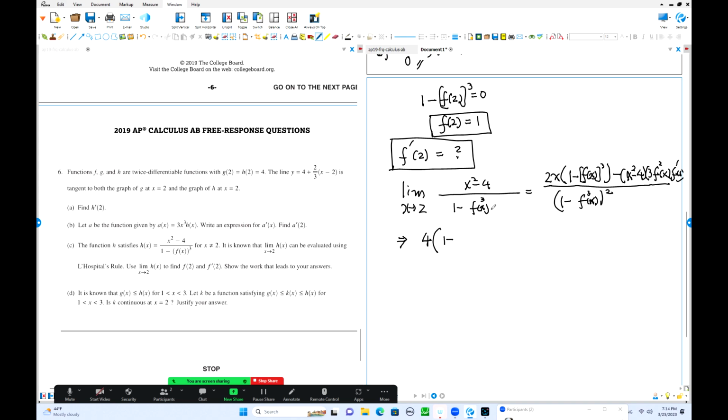Inside is f of 2 cubed. And for x equals 2, 2 squared minus 4 is 0, all the way 0, over 1 minus f of 2 cubed, squared.